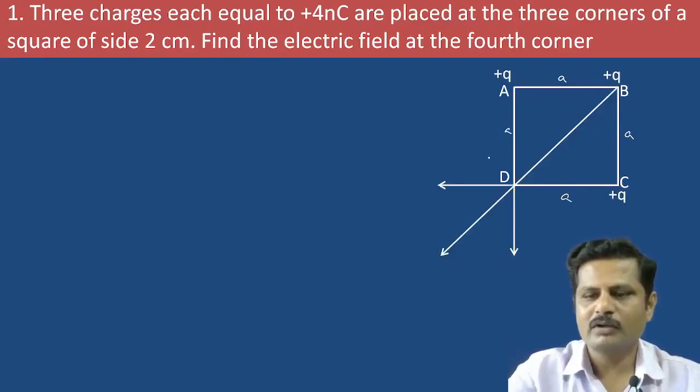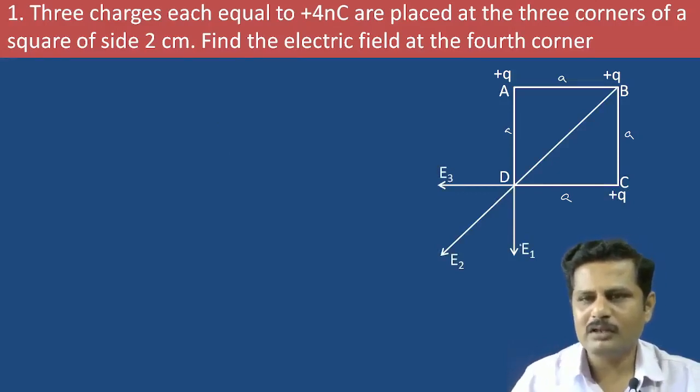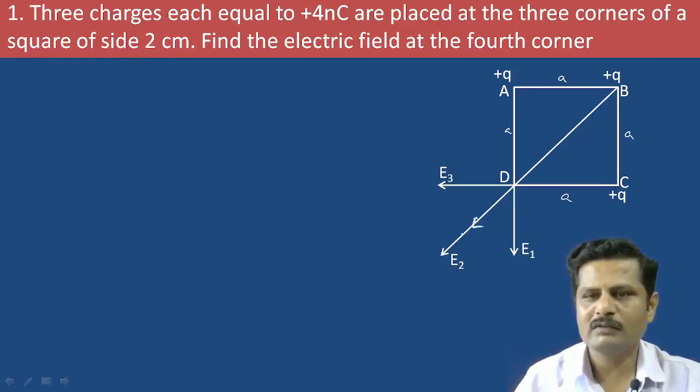Now let me name them: E1 is the electric field due to the charge placed at A, E2 is the electric field due to the charge placed at B, and E3 is the electric field due to the charge placed at C. You can observe that E1 and E3 are acting at an angle of 90 degrees, and the resultant of these two can be considered as E4, which is acting in the direction of E2.